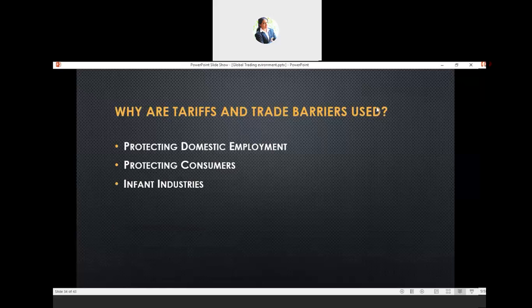This increases the price of the imported goods and creates a domestic market for domestically produced goods, while protecting infant industries from being forced out by the more competitive pricing that manufacturers of other countries would bring.